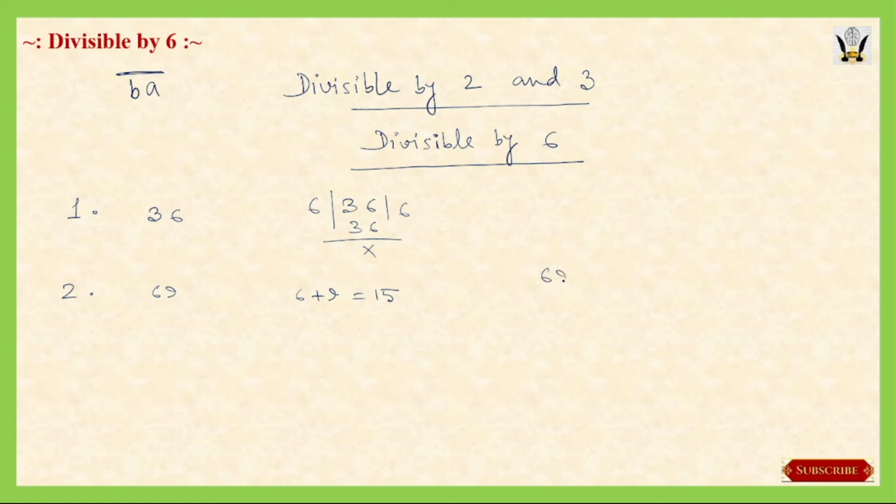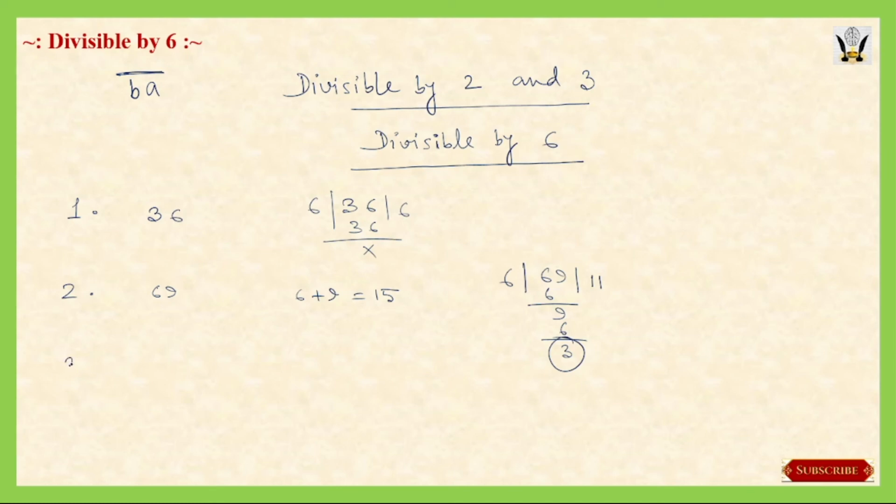Now let's check the divisibility by 6. It will be 6 1s are 6, then again 6 1s are 6, and there will be one remainder which is non-zero. That means 69 is not divisible by 6. So here, we saw that 69 is divisible by 3, but not divisible by 2. And at the same time, 69 is not divisible by 6. That means the logic that we have learned just now is applicable.